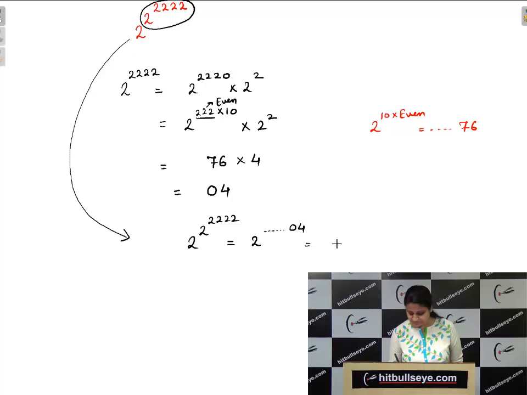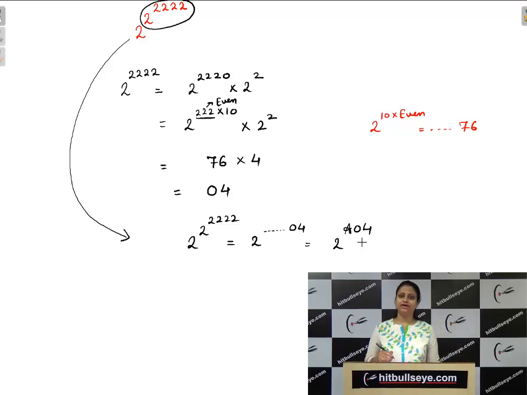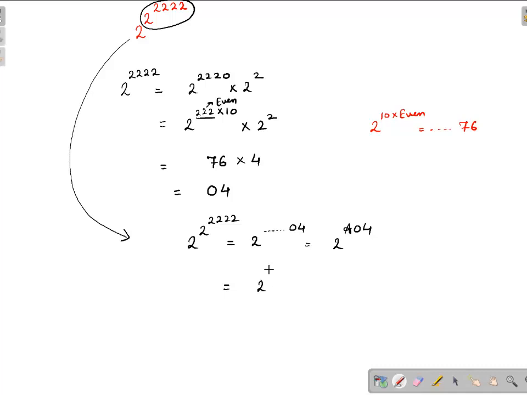I mean, before 04, suppose you have a number A. So my power is of this form A04. Again, we will apply the same shortcut here. The power can be written as A00 into 2 raised to power 4. The power can be written as A0 into 10 into 16, corresponding to 2 raised to power 4.